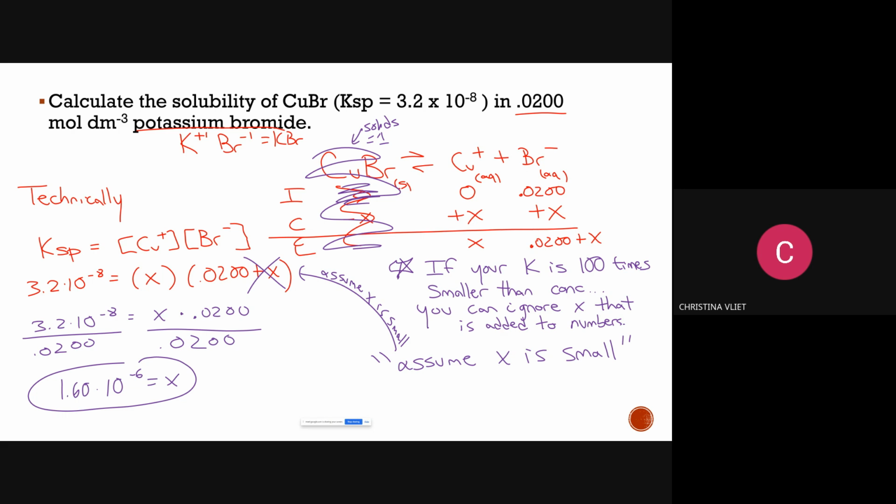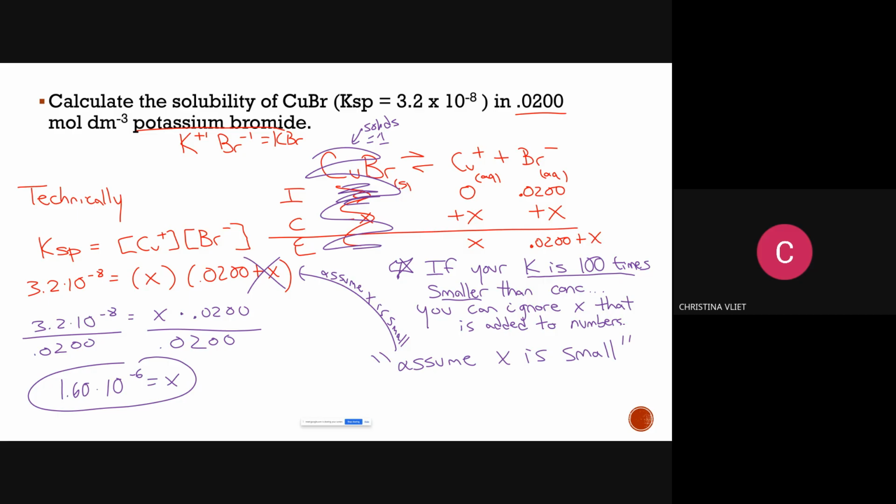If you're adding x to a number in an ICE table, and your K is 100 times smaller than the initial concentration, and clearly 0.00000032 is way more than 100 times smaller than 0.02, that's where you can make the assumption that x is small.